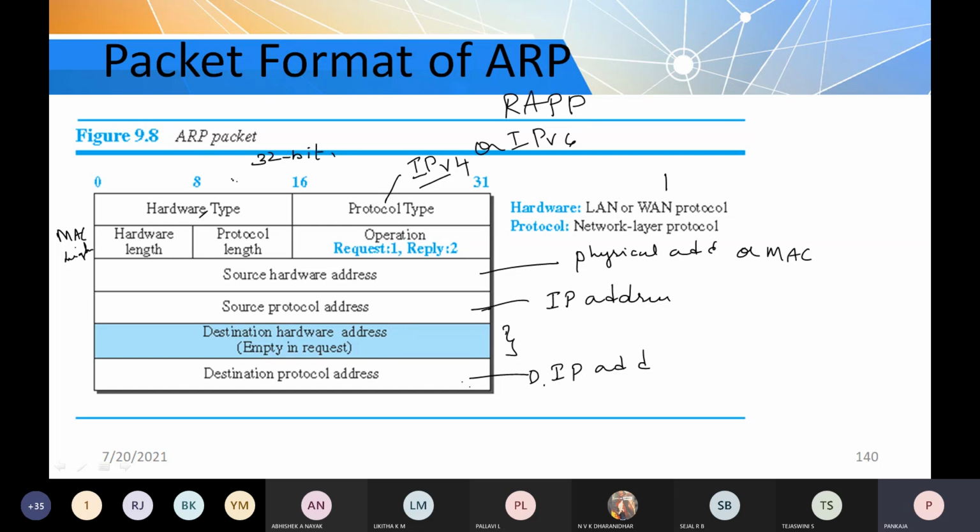Hardware type indicates whether it is a LAN or WAN protocol, so accordingly it has to specify the hardware type. Hopefully you have understood the remaining. Hardware length indicates the MAC address length, then protocol length, then operation, what type of operation. If the value in this field is 1, it is a request, and if it is 2, it is a reply.